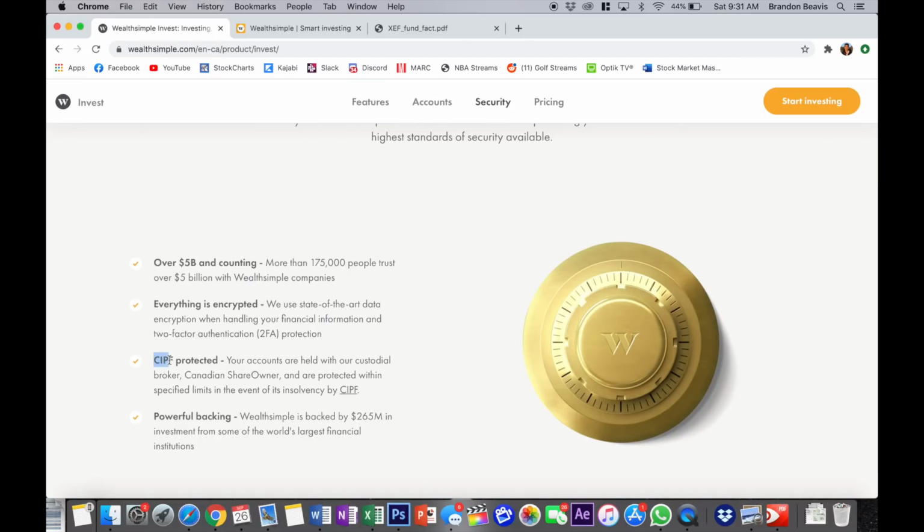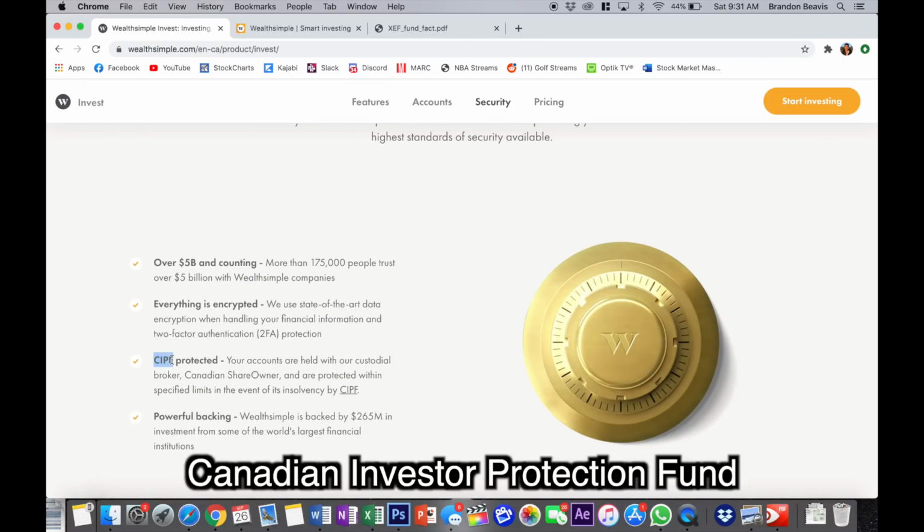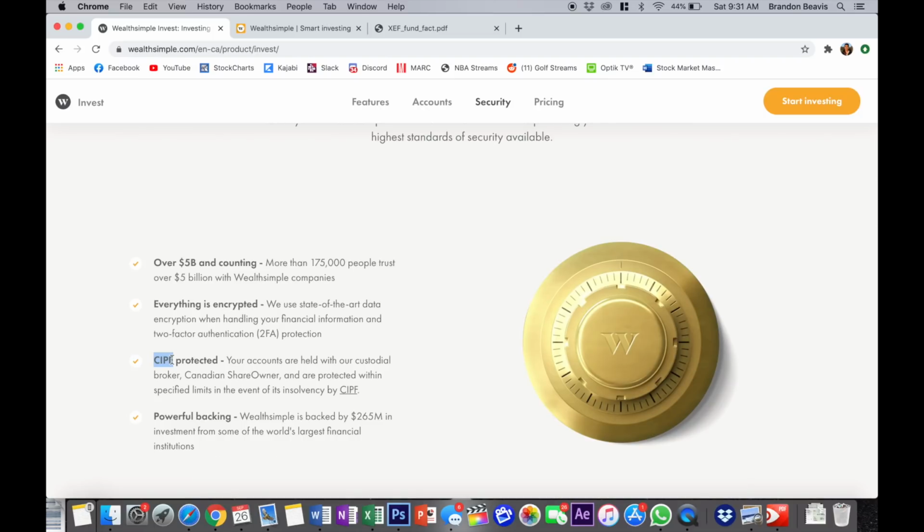They are CIPF protected. So this is what's called the Canadian Investor Protection Fund. And what this means is that if Wealthsimple were to go bankrupt, if they blew up, and if something happened with the company itself, you have insurance, you have protection on the money that you have invested here. The specific number off the top of my head, I can't recall, but I believe it's up to $1 million per account, maybe $100,000.